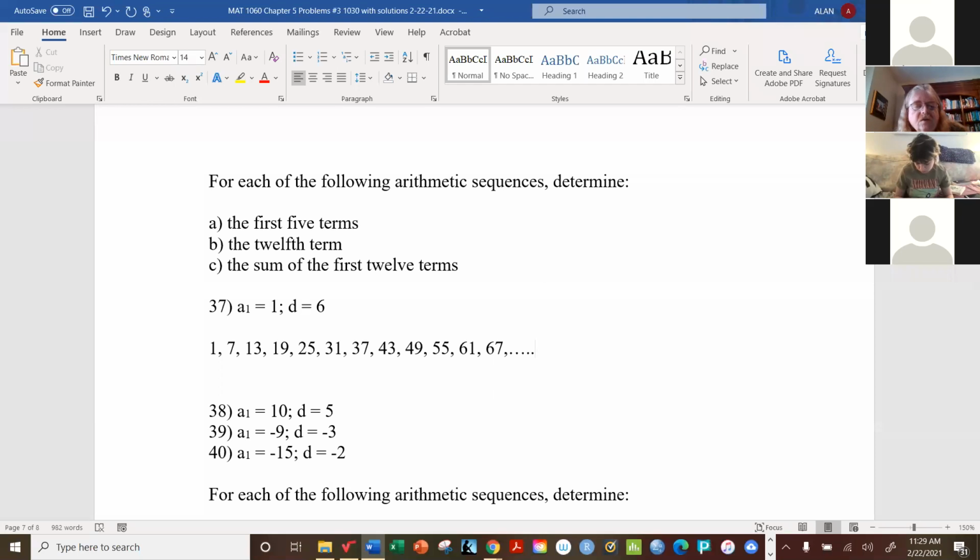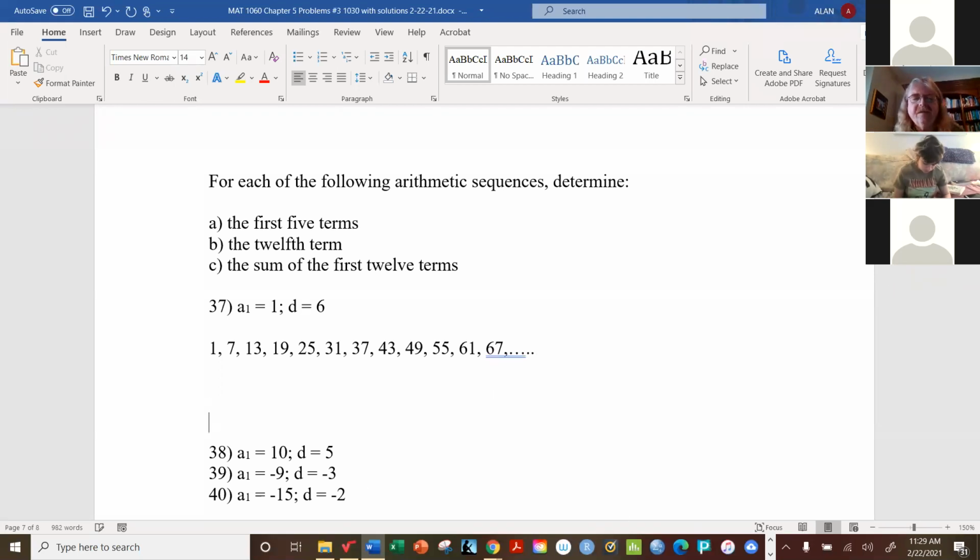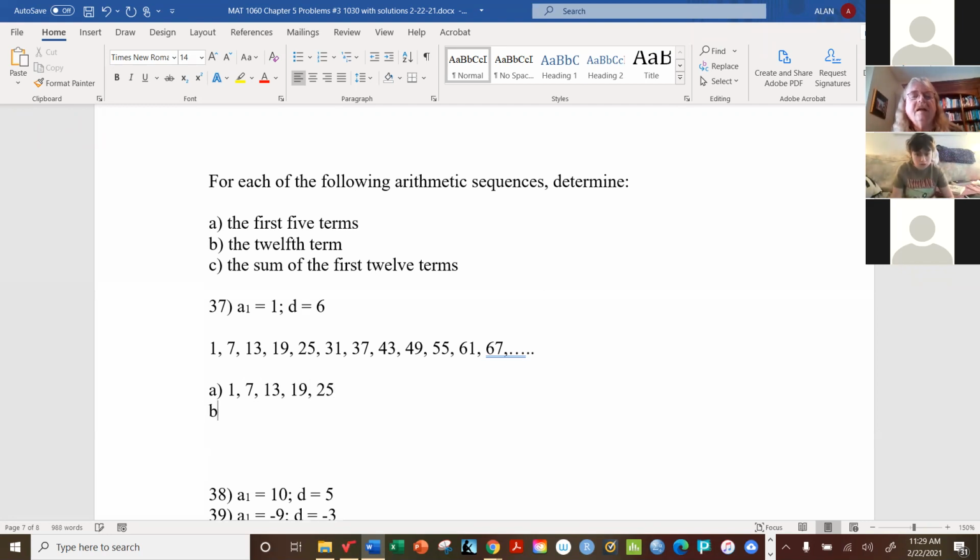And those actually are the first 12 terms. So as far as the problem goes, in part A, you just need the first 5. Good. The 12th term, now here, what we need to do is use the formula.